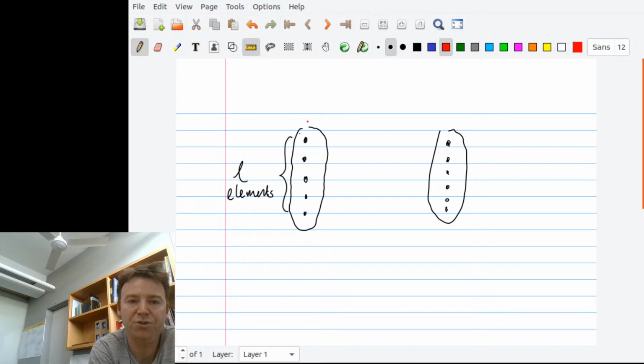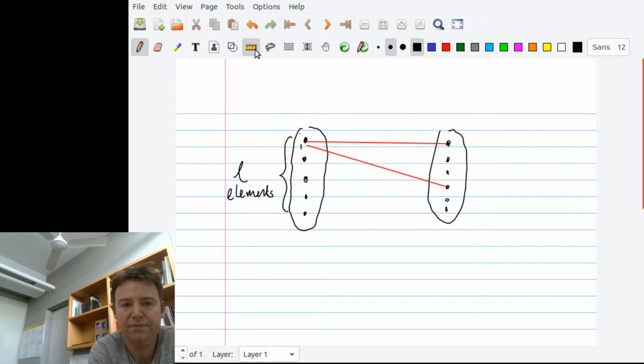Every time I choose one of these things, I'm not allowed to choose the reverse. So if I choose that one, here's A, here's B, I'm not allowed to choose B to A. That's forbidden.